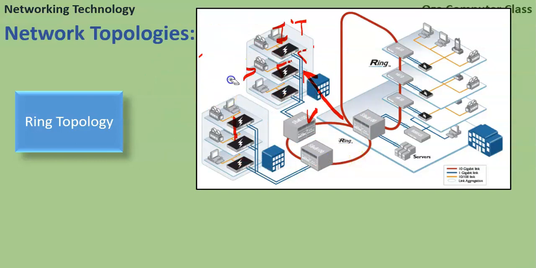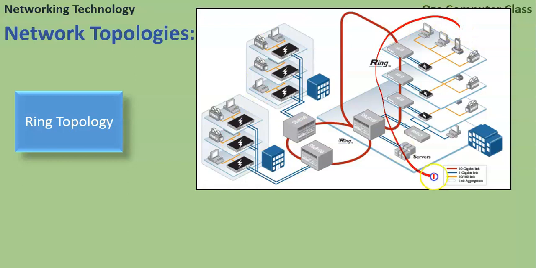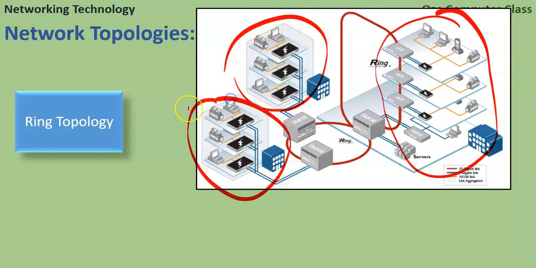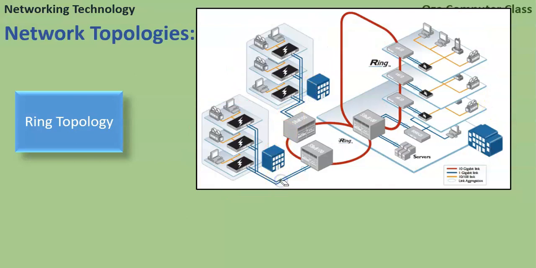Let's see a company network example, right? Here I have a company where there is a building, this building is separate, this building is separate, and this building is separate. Now I have formed rings. There are two rings formed. One is this ring and another is this ring.